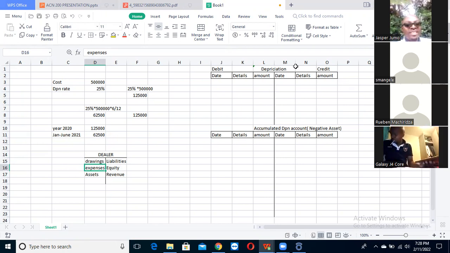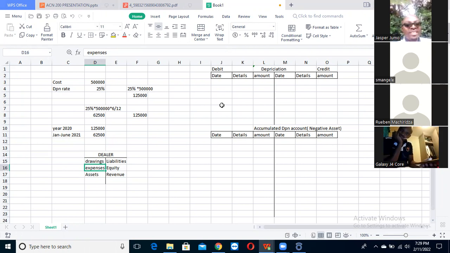Depreciation is an expense account, and therefore all expenses have a debit balance. When we say an account has a debit balance, it means any event that increases the value of that account goes to the debit, and any event that decreases the value of that account goes to the credit.